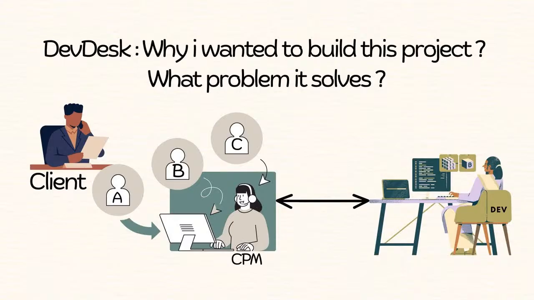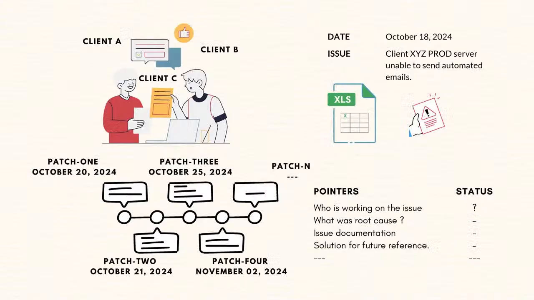Whenever a new requirement or change request comes from the client, the CPM routes it to the developer or the team lead. Next, consider this scenario. We have clients A, B, and C, and client A got an issue in his application: the client server XYZ prod server is unable to send automated emails.